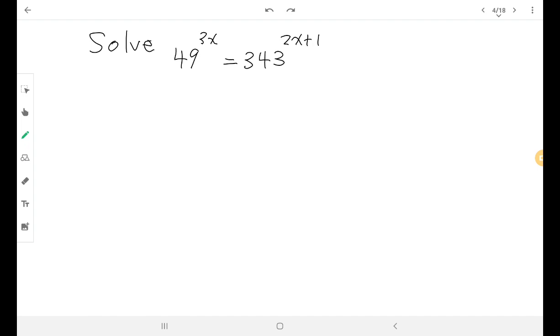So the next thing is you hope that you can turn both of them into a power of a lower number. For instance, I know that 7 to the second is 49. So I might want to check 7 to the third. Well, that's 49 times 7, right?